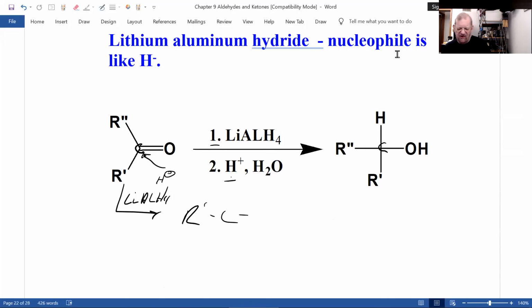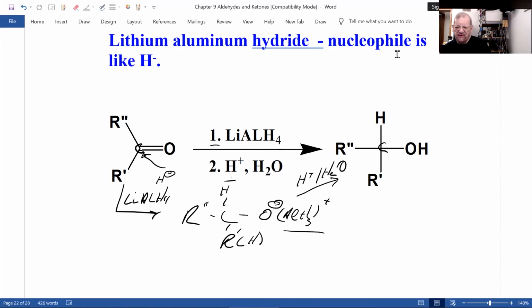And this, what I've just drawn, is the conjugate base of an alcohol. It's a base reacted with acid in the presence of water. And I'll remove this and replace it with a hydrogen.